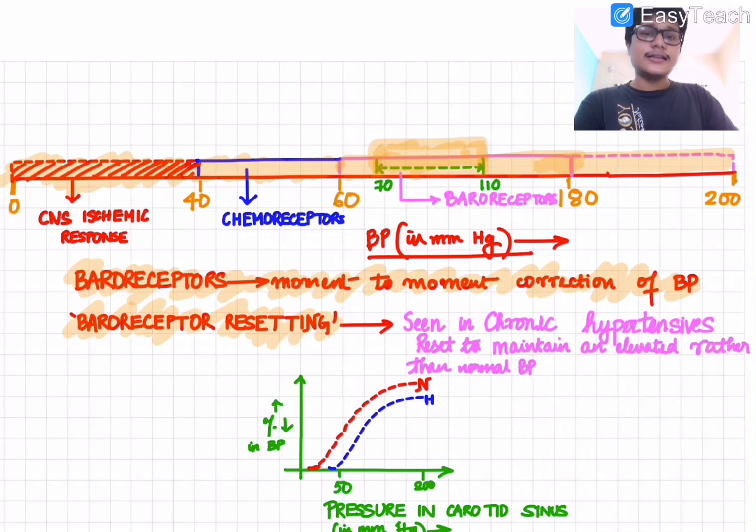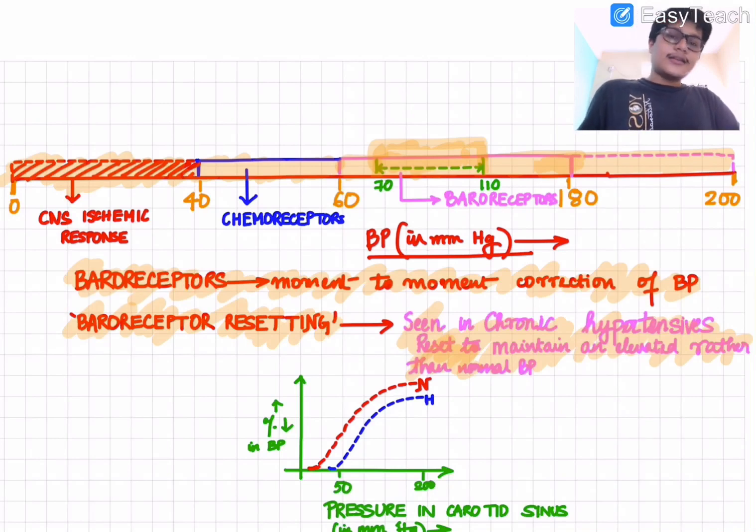This phenomenon is seen in chronic hypertensives, and here the baroreceptors are reset to maintain an elevated rather than a normal blood pressure. That is, the baroreceptors will interpret that the normal blood pressure of the person is 140 instead of 110. So it will always tend to correct the blood pressure towards 140.